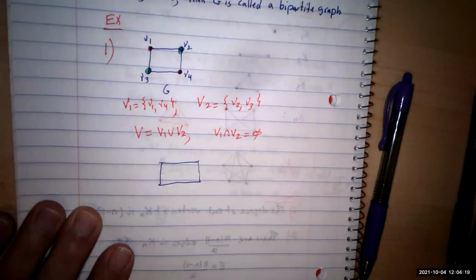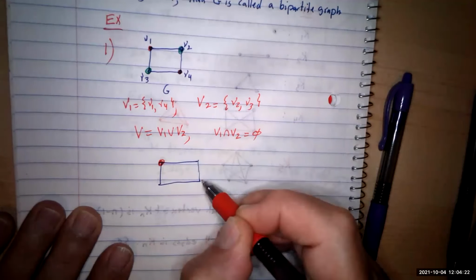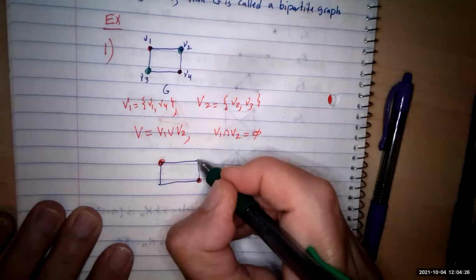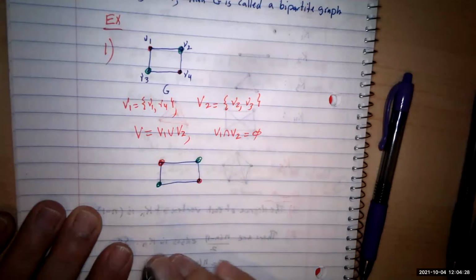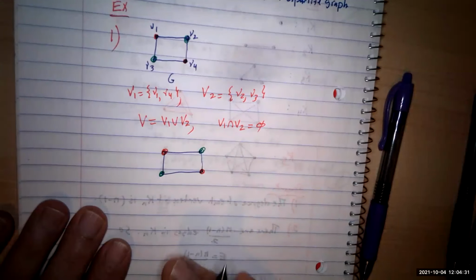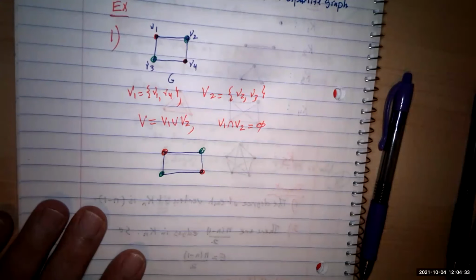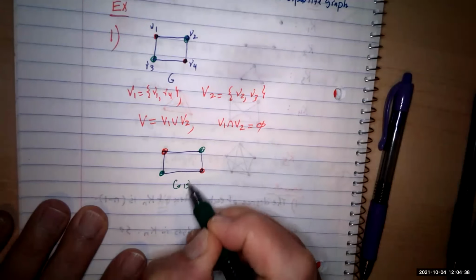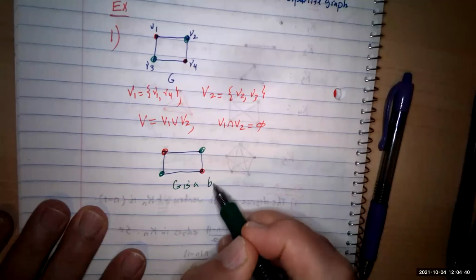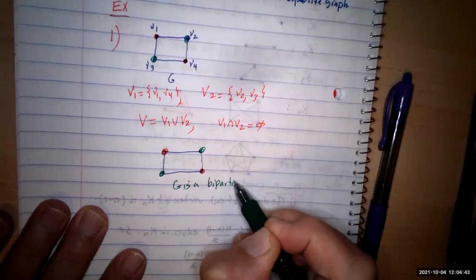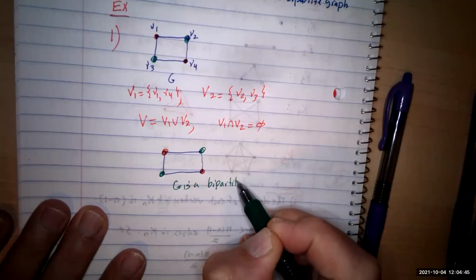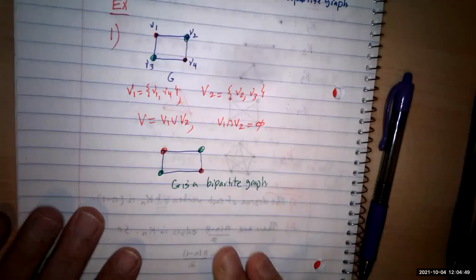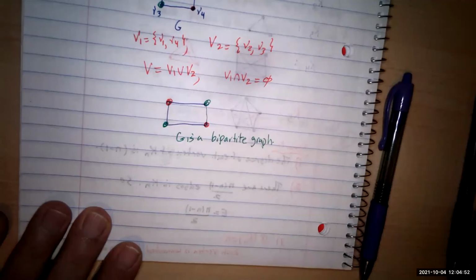So I consider these two, and I consider these two. So that's going to be bipartite. You can rewrite it, regraph it the way you graph it. So G is a bipartite graph. Again, they are going to be popular in graph theory. Bipartite graph.